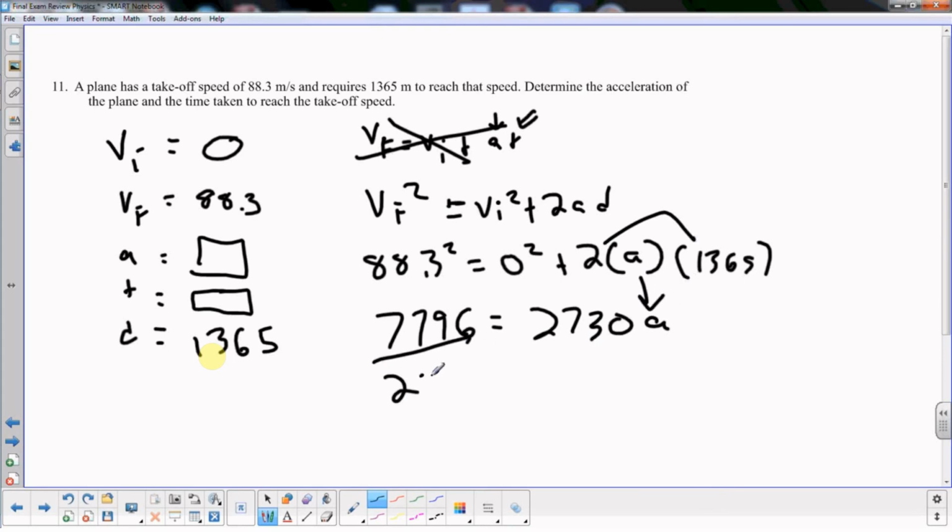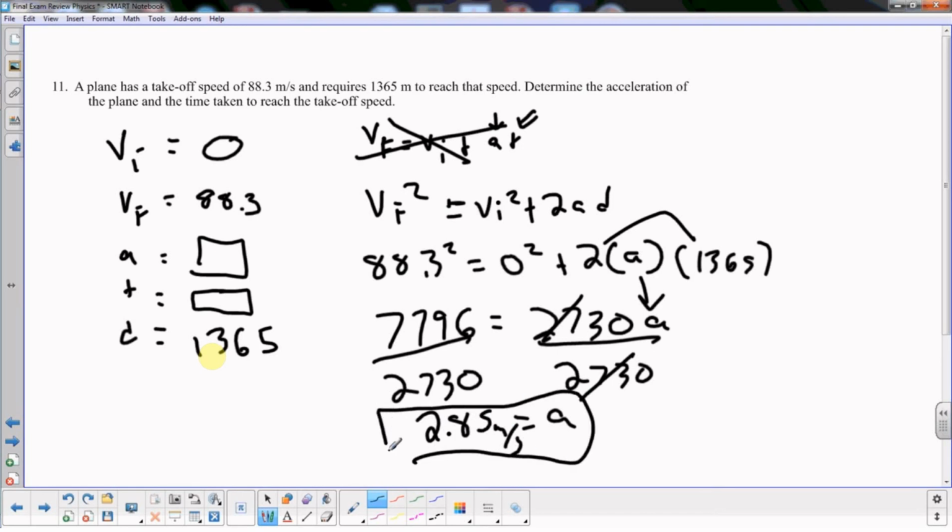That goes away. A is going to be 7796 divided by 2730. Should give you 2.85 meters per second squared. Fair deal. So that's my A.